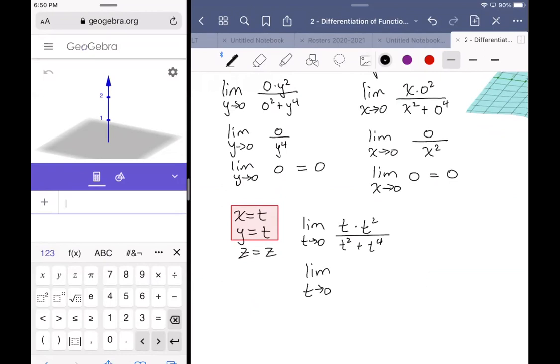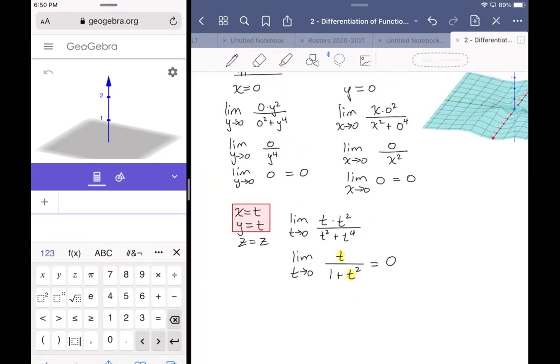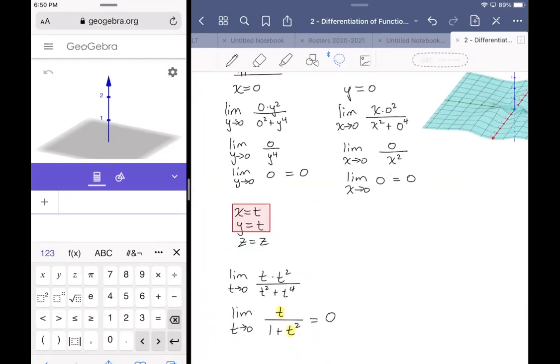It might be the way to go because each term is divisible by t squared. So it would be t over 1 plus t squared. Now, I've simplified as much as I can. At this point, I have no choice but to replace the t's with zeros, in which case I get a result of 0. So my nifty new move, it was a good thought, but it didn't get the job done. So we need another relationship.